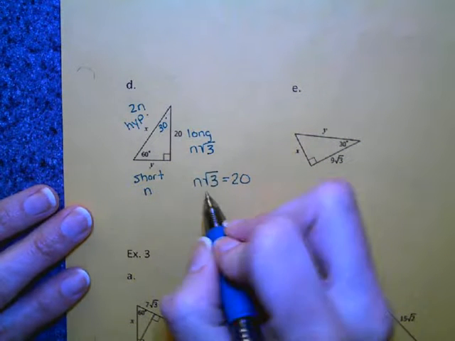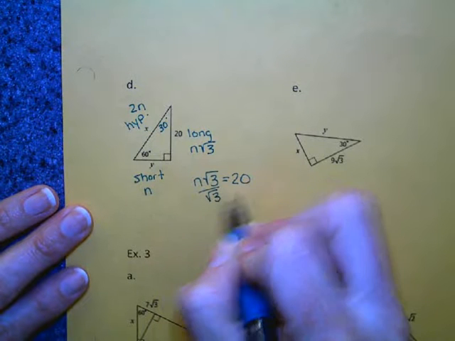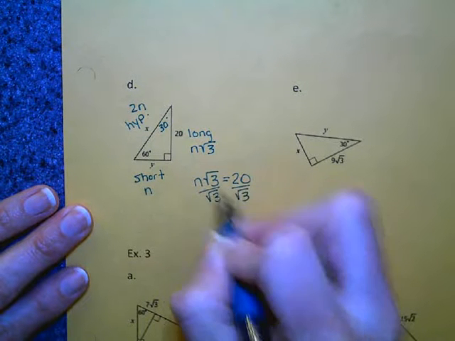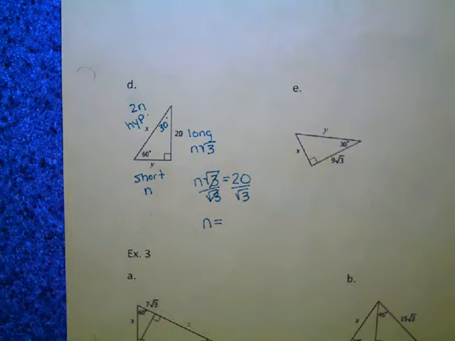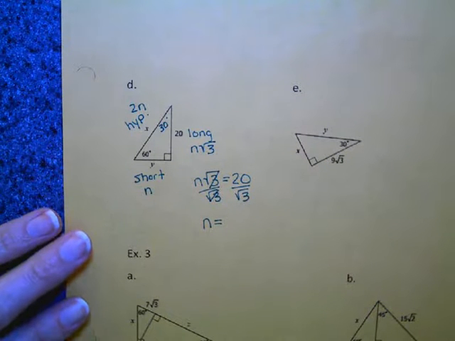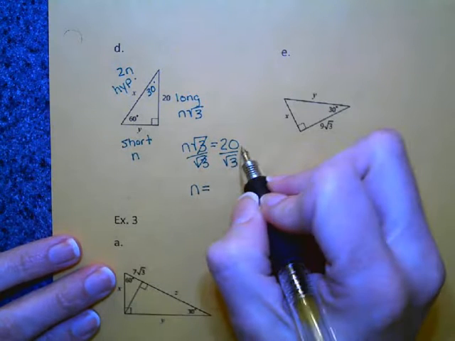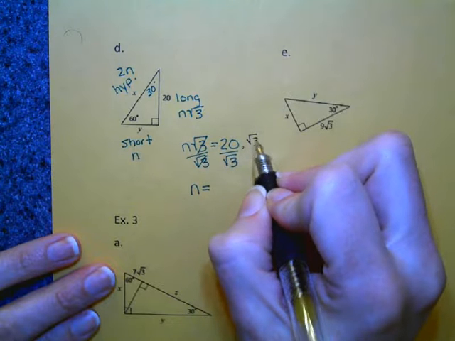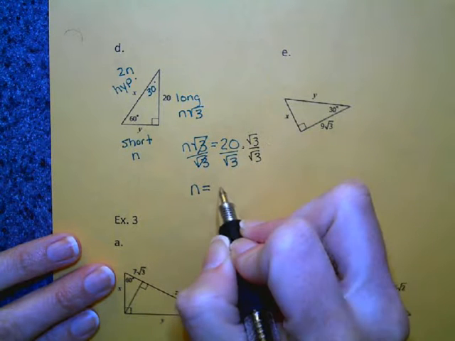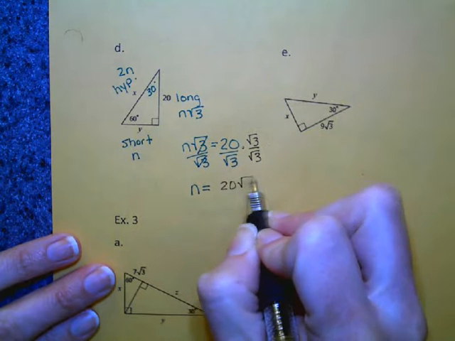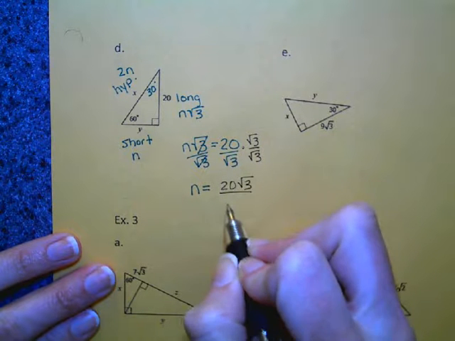So we'll divide by square root of 3. Well, we can't leave it with a square root in the denominator, so that's when I say rationalize the denominator. You're going to multiply by square root of 3 over square root of 3. We do that, so if you look at this, 20 square root of 3 over the square root of 9.